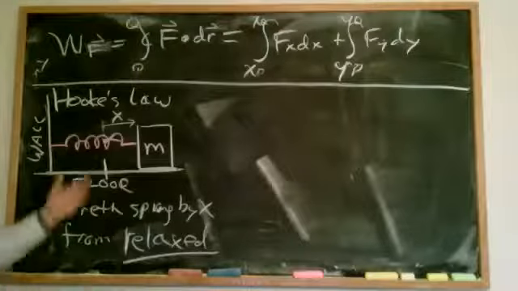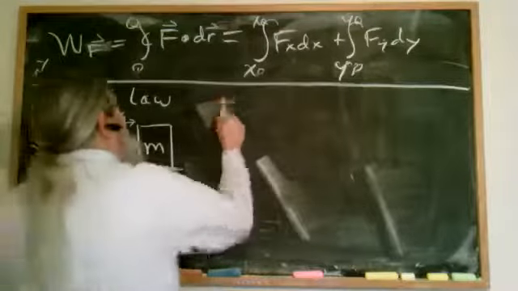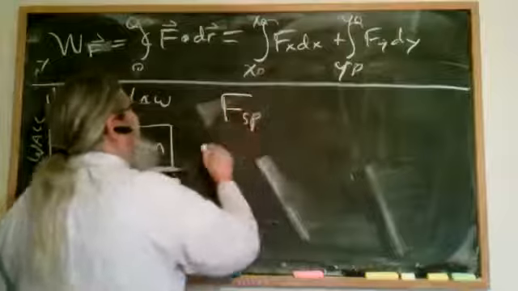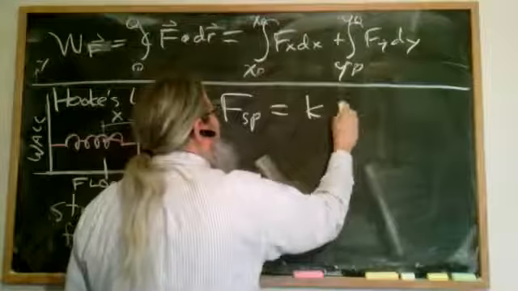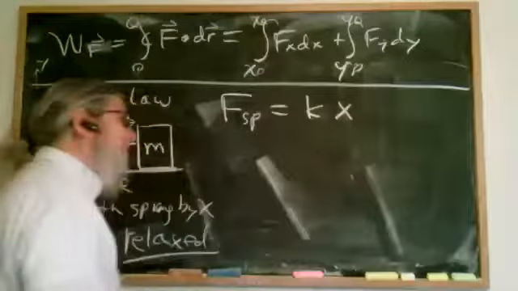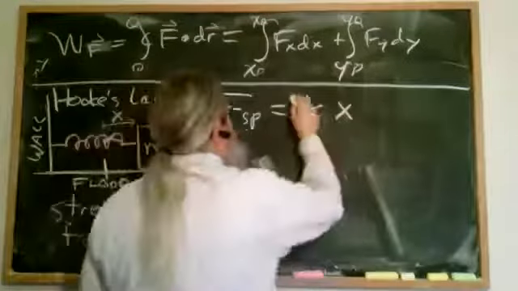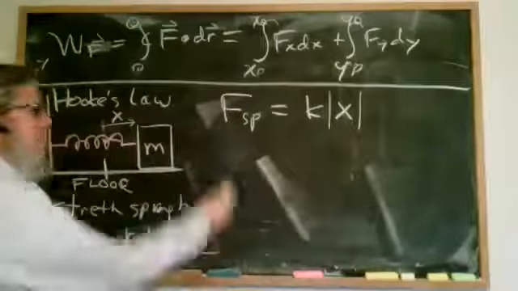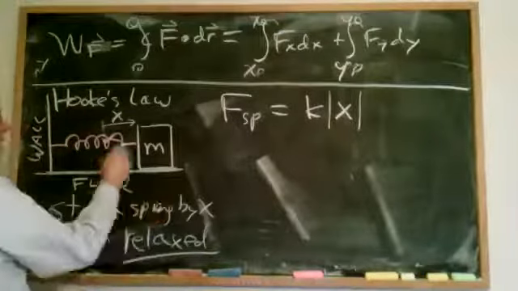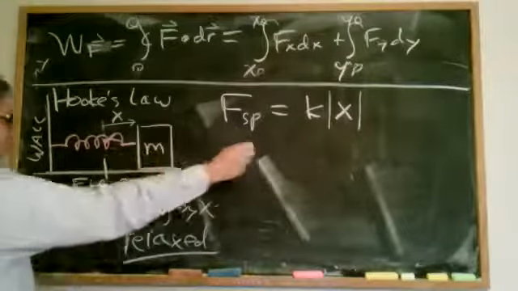Okay? And Hooke's law says that the magnitude of the force applied by the spring is equal to some constant k times the displacement x. There's an absolute value sign here because this is a magnitude. If I stretch the spring, I get the force.